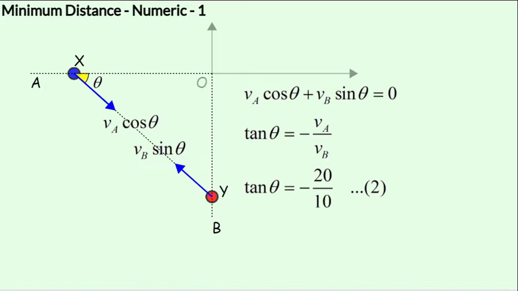So VA cos theta plus VB sin theta at some point would be zero, and from here we get tan theta as minus 20 over 10 as our second equation. We must preserve the signs here because we don't really know if this minimum distance condition will occur in the third quadrant or in the fourth quadrant.